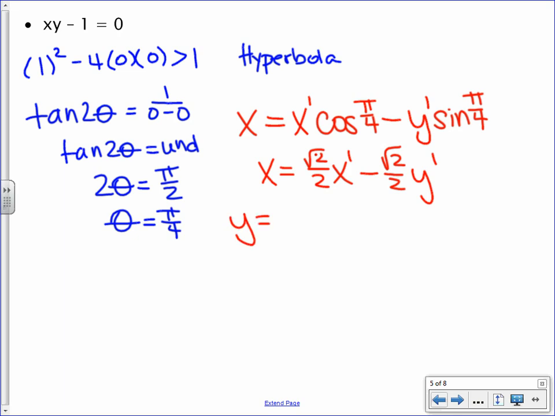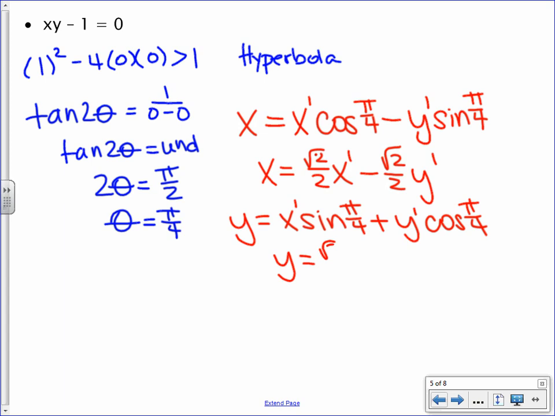Now we'll do y. What's that substitution? Right, x prime sine plus y prime cosine. You notice x has subtraction, y has addition; cosine sine, then sine cosine, if you need help remembering it. So y is radical 2 over 2 x prime plus radical 2 over 2 y prime.